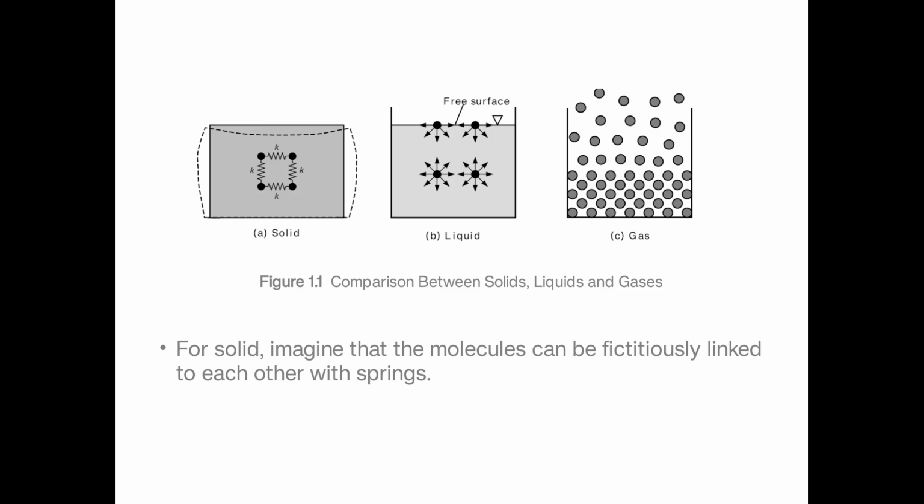Say for example, if the vessel is open, an atmospheric pressure will always act on the free surface. Okay, and according to the simple Pascal's law, the pressure is uniformly distributed and the pressure gradient is constant on the free surface. Got it? If you see the gases, the molecules are free to expand and free to move. So the cohesion between the molecules will be very, very weak, we can say.